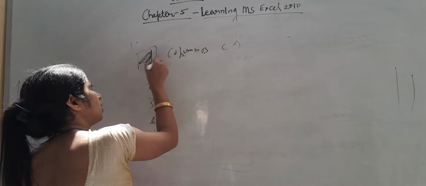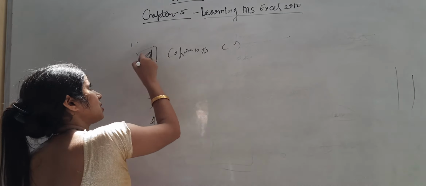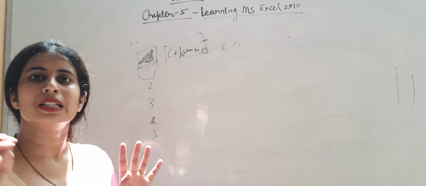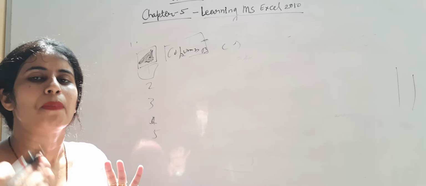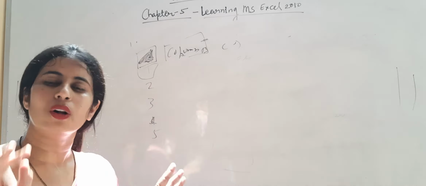So first you have to click on this Select All button. Then you have to click on any column header or any row heading. So the default setting will be applied to all cells of the worksheet.